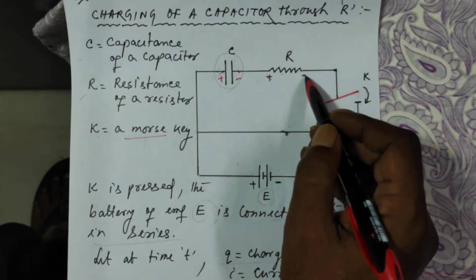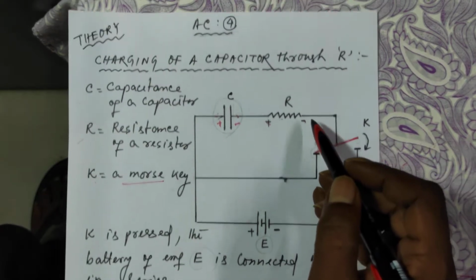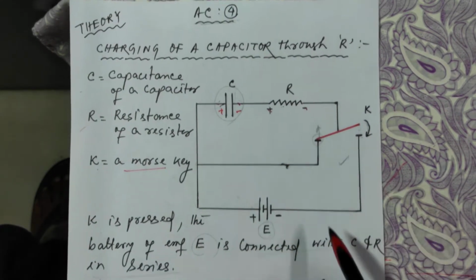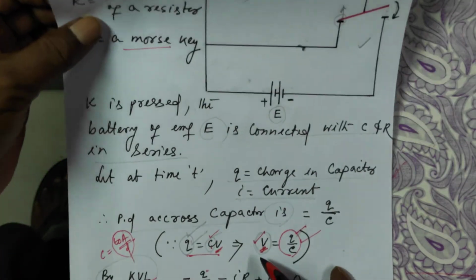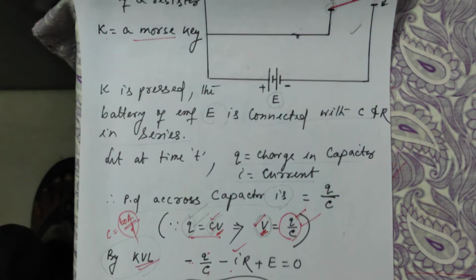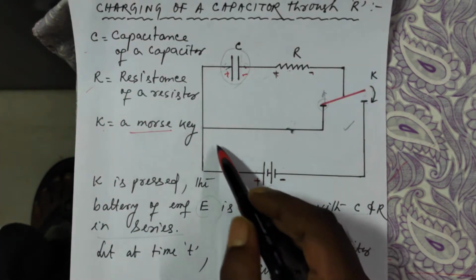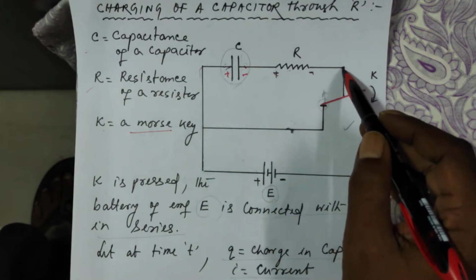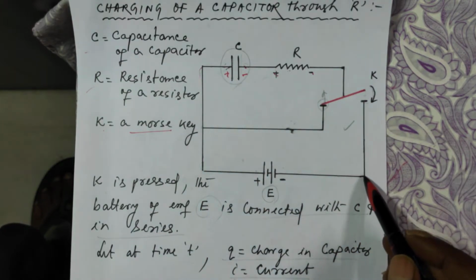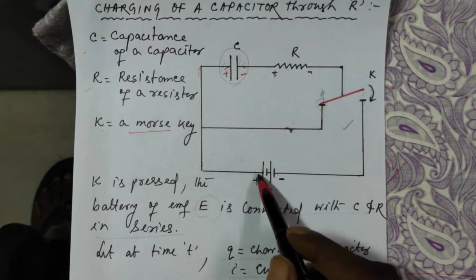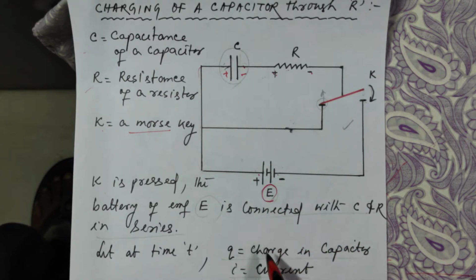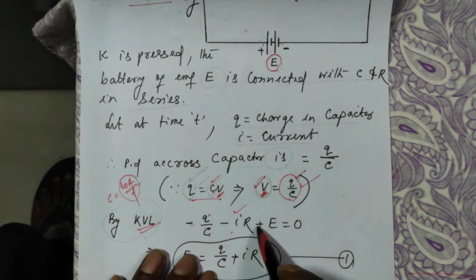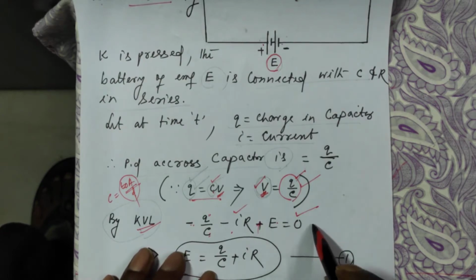Going from here to here, there is a potential drop, so minus I into R. I started from here, arrived up to this point, then along this path come here, going from negative to positive, there is an increase in potential. So plus E is equal to 0.